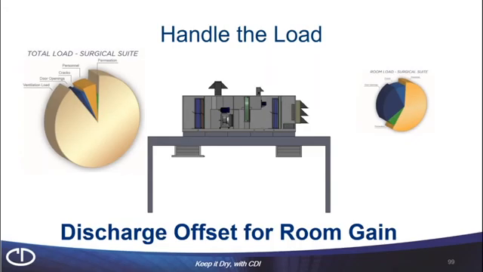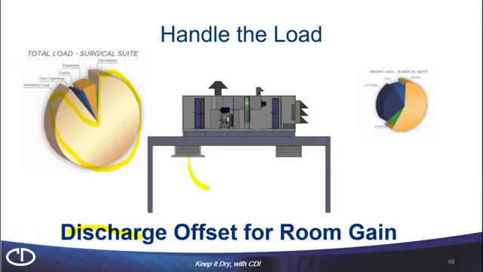So this part up here, this is what's happening in the room. That's our room load. On the left-hand side, you'll see the total load, the 88% outside air shown here. This little pie in the middle is the room load. It's made up of the personnel, the moisture that's permeating through the walls, the door being open and closed, the cracks that are around the room, allowing moisture to get into that space.